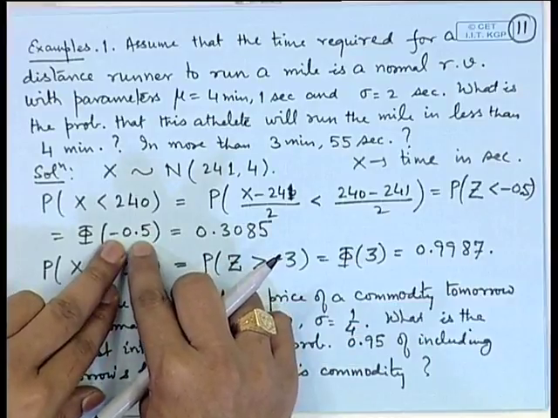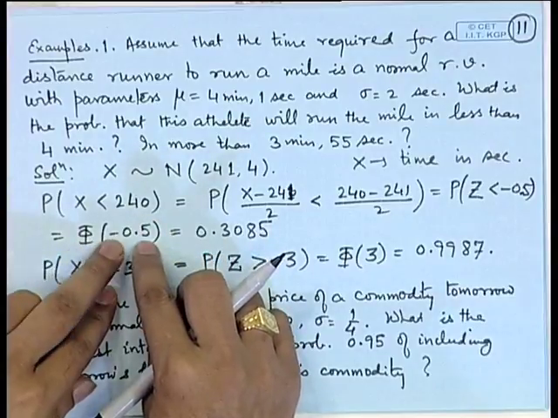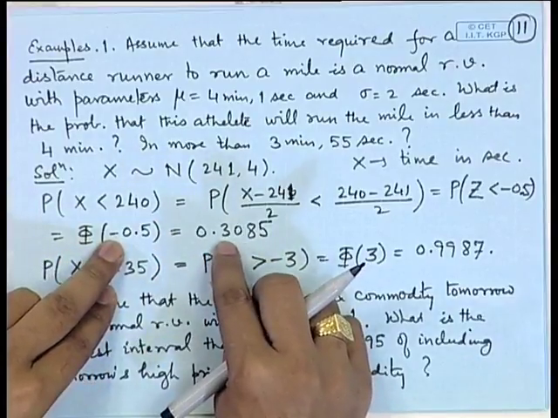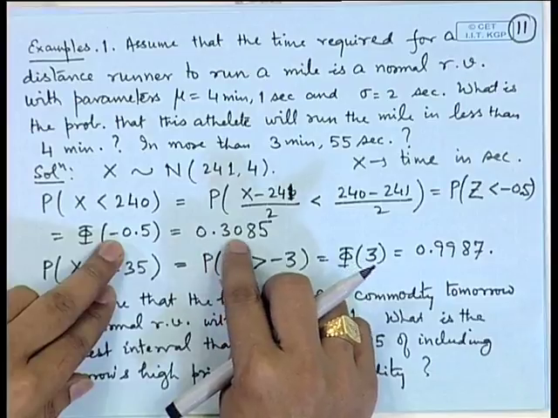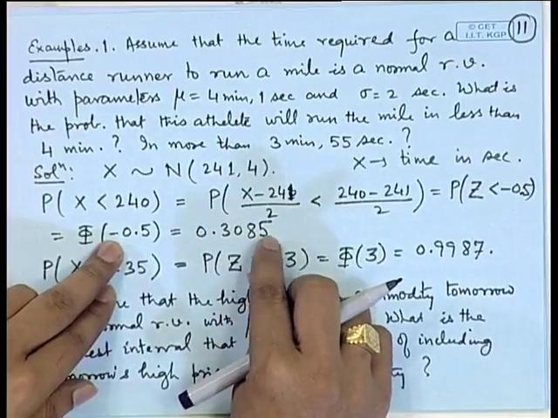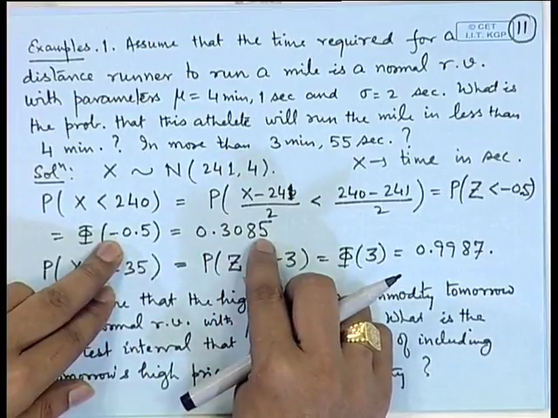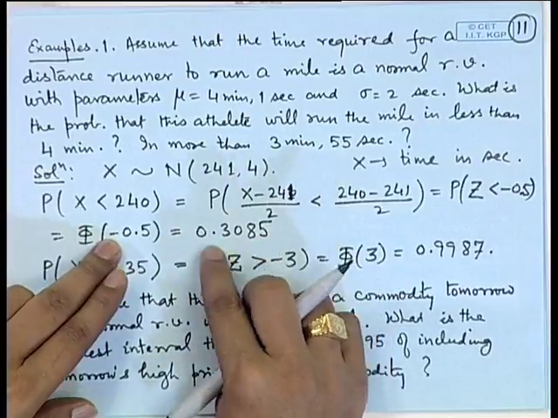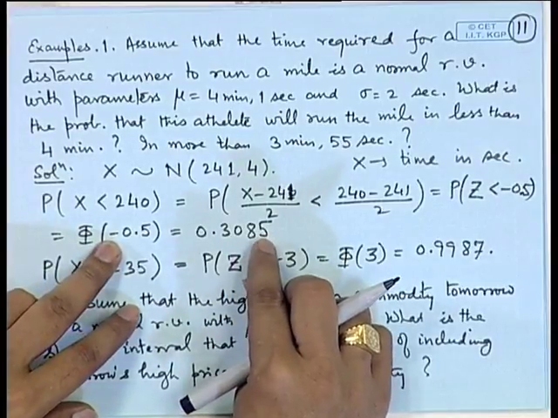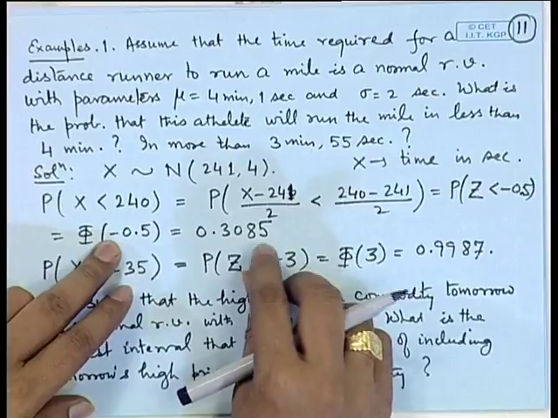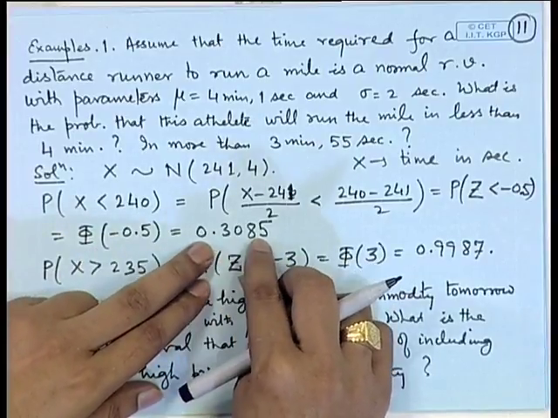This value we will see from the tables of the standard normal CDF, and it turns out to be 0.3085. Most of the tables are given up to 4 or 5 decimal points, and we can also use a numerical integration rule such as Simpson's 1/3 rule etcetera to evaluate this.